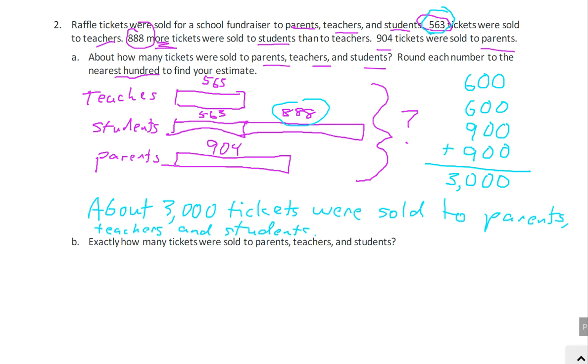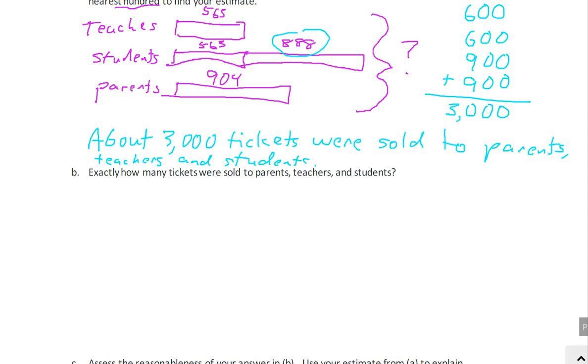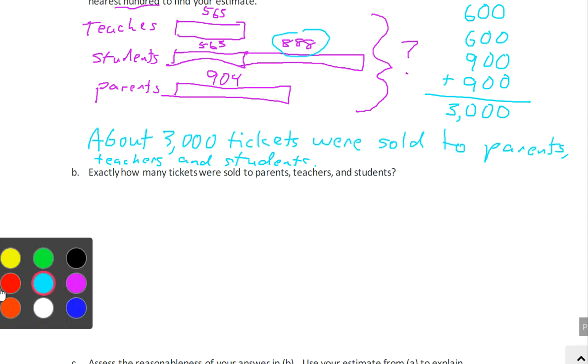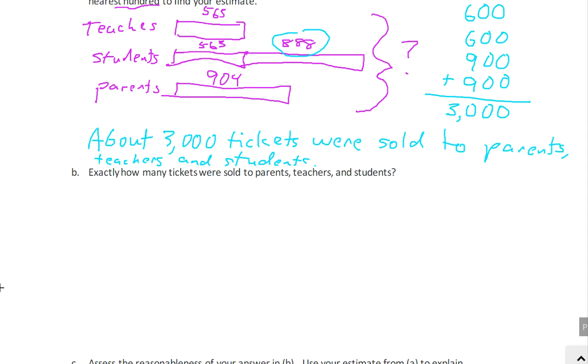To find the exact answer, we just need to add up the 4 exact totals. So we'll go ahead and do that. We'll add up the exact totals, and that would be 563 and 563 and 888 and 904. We just add those up, and we'll get the exact answer.